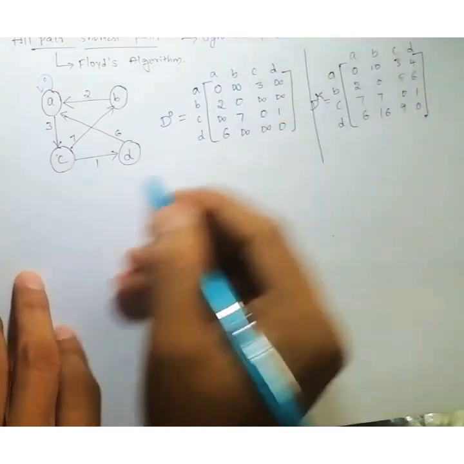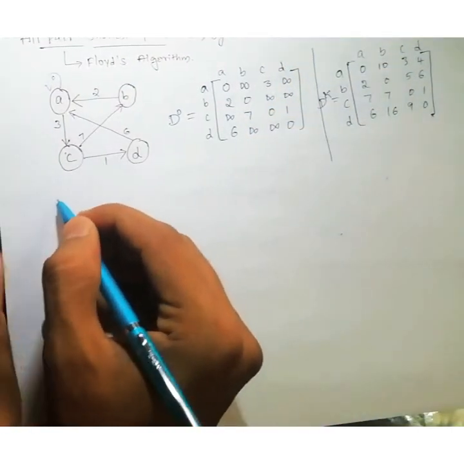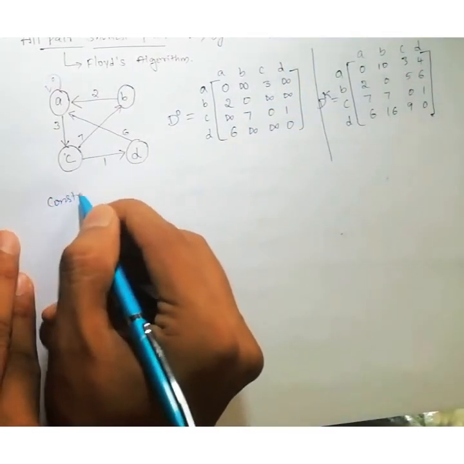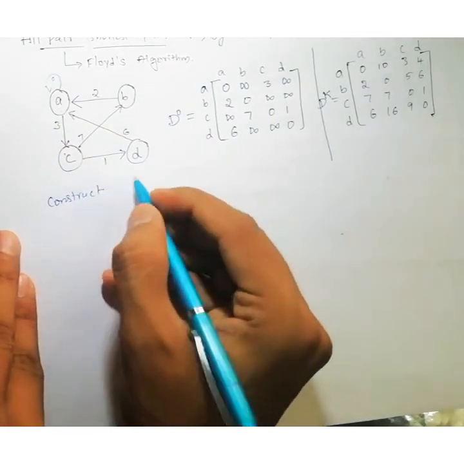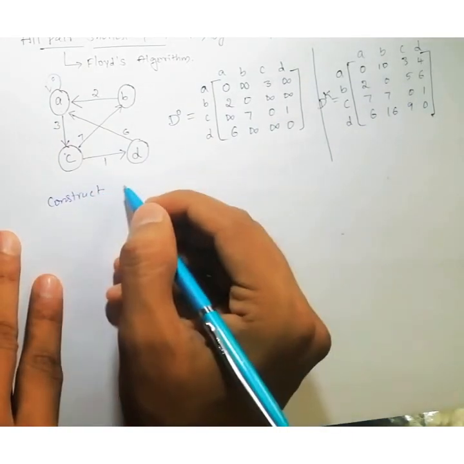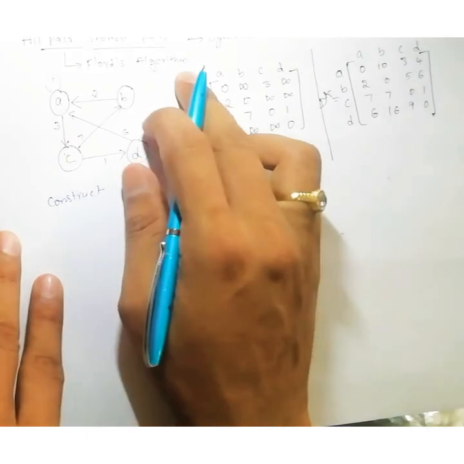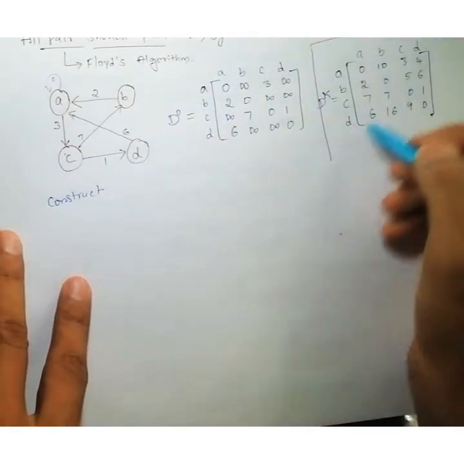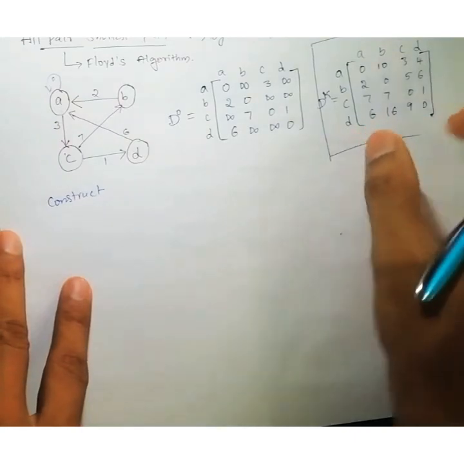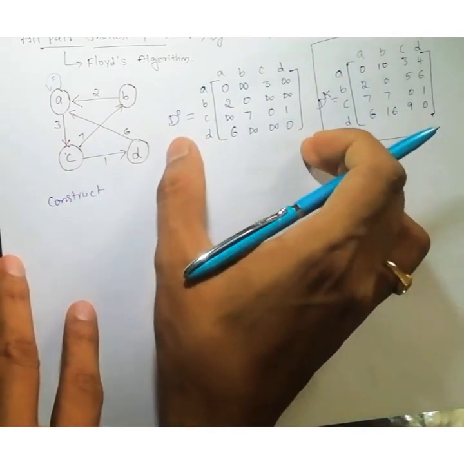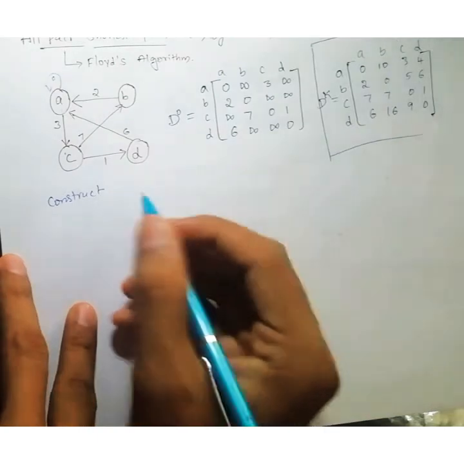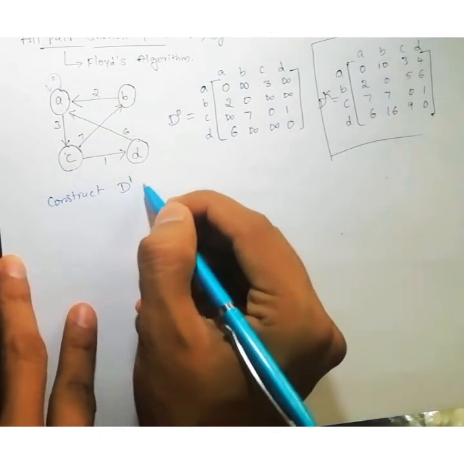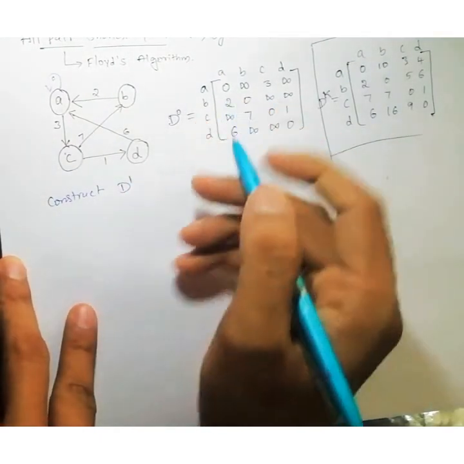Now what we will do, we will construct the next matrix. When coming to Floyd's algorithm, initially we have to construct this, so just forget this. This is what we have to get. So just by making use of D0, construct the next matrix D1 by using D0.